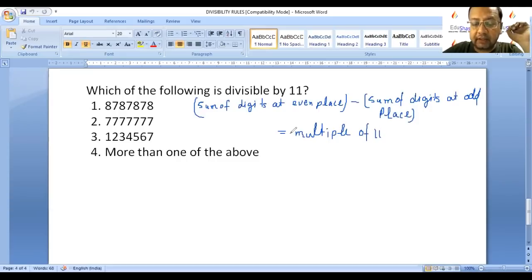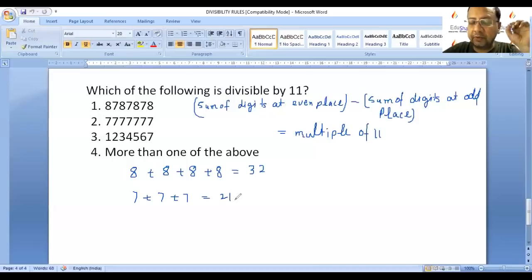So I can check the options for this divisibility. If I take the first option and separate the digits, this is 8 plus 8 plus 8 plus 8, that is four 8s, so this sum is coming out to be 32. Then I have 7 plus 7 plus 7, which is 21. So these are the two sums.